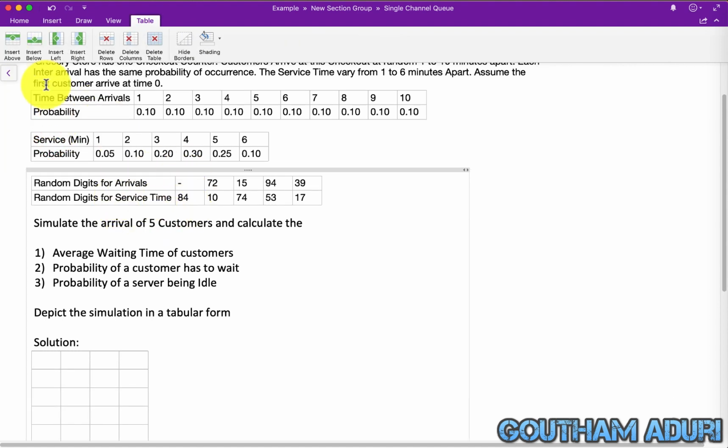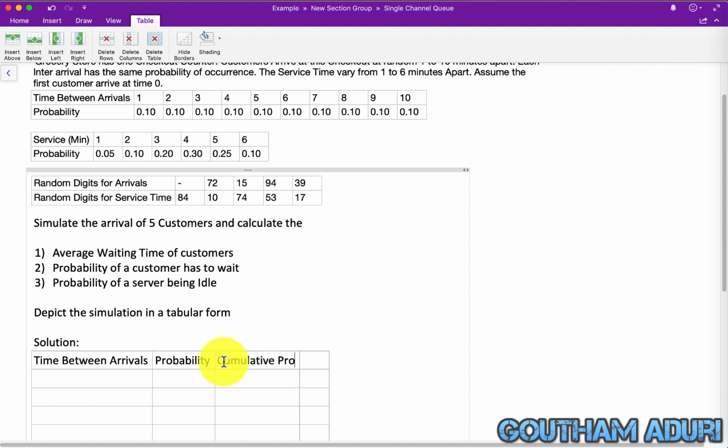The first is time between arrivals, the second is probability, the next is cumulative probability, and the next is the range of random numbers.